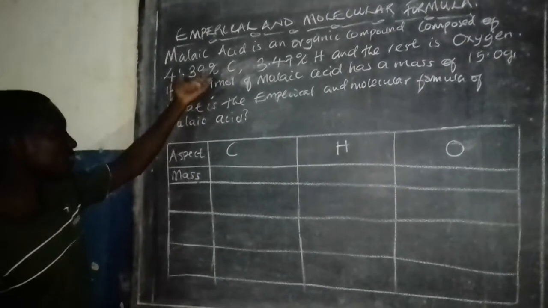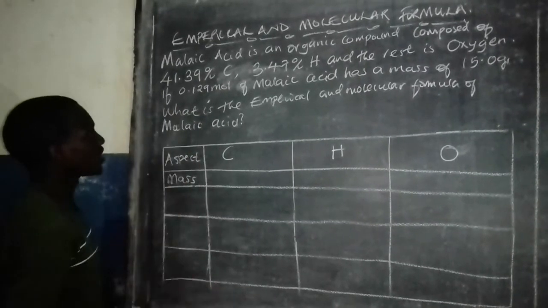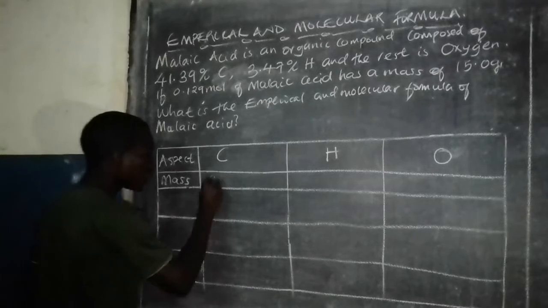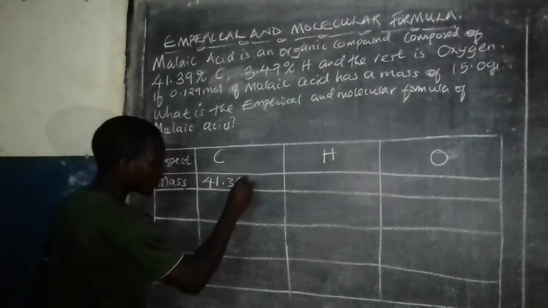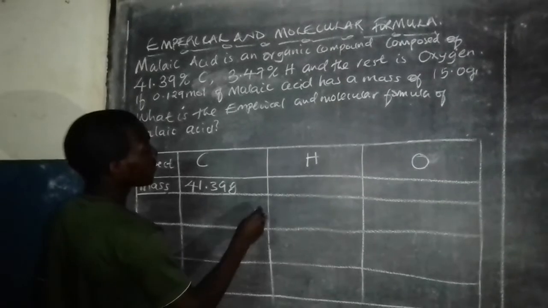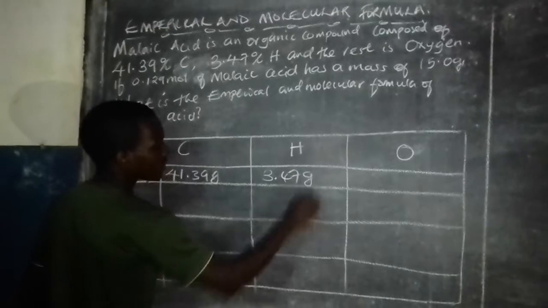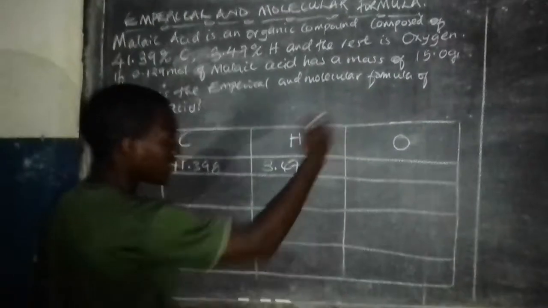We assume that these are masses, so 41.39% carbon becomes 41.39 grams of carbon. Then 3.47% hydrogen becomes 3.47 grams hydrogen. And the rest is oxygen.